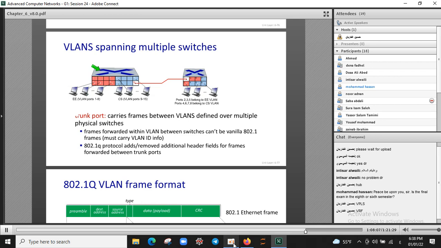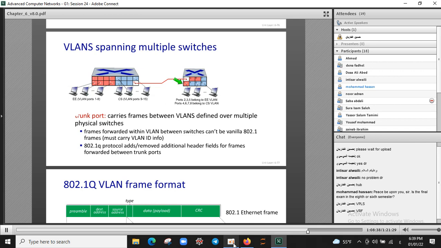How can I connect my network to those users, or connect them to my network? Okay. Firstly, I have defined the CS VLAN inside my network and the CS VLAN in that far network in the EE department.